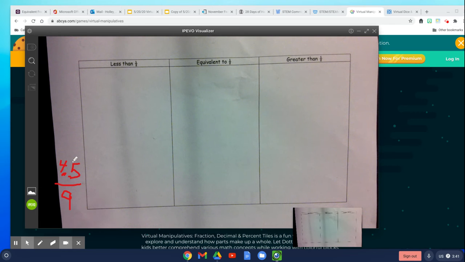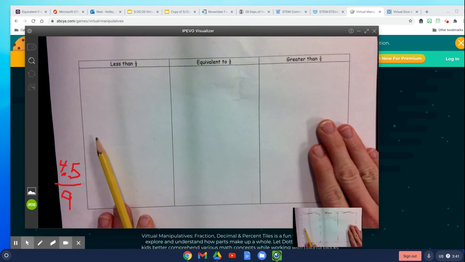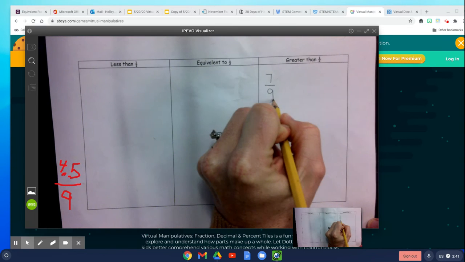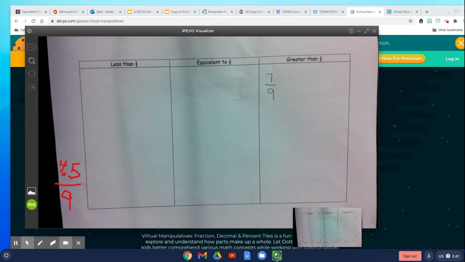Or 5/10, and those together would equal 9. So what you're going to do here is, if I know that 4.5 or 4 5/10 over 9, that's half, then 7/9 is way greater than half. So I would put 7/9 in this spot right here.